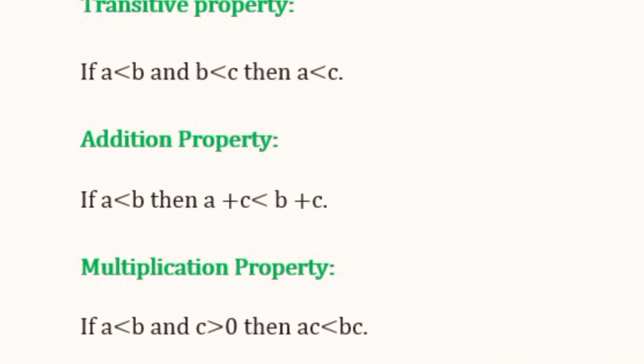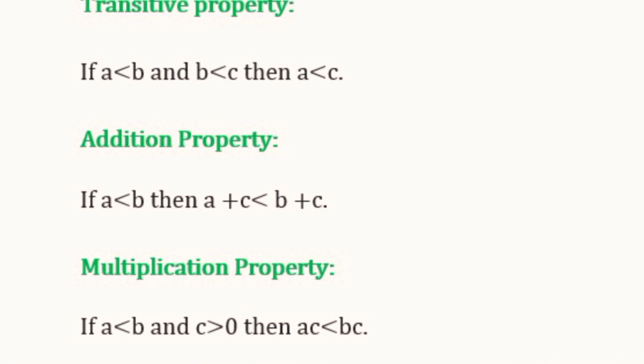If a is less than b and c greater than 0, then ac less than bc. Okay. If c is a positive number, then order will not change. If a is less than b, we multiply with any positive number, we get ac less than bc.